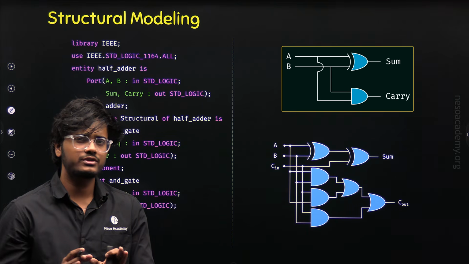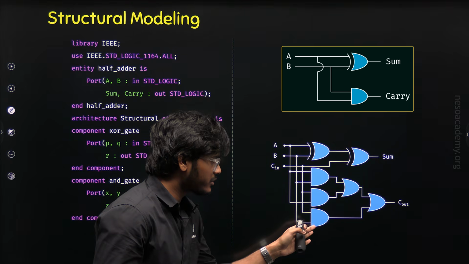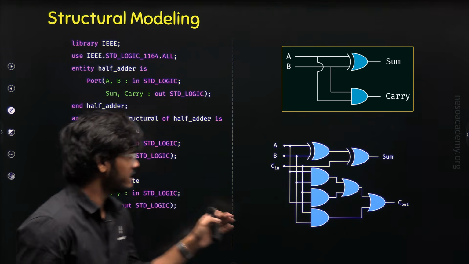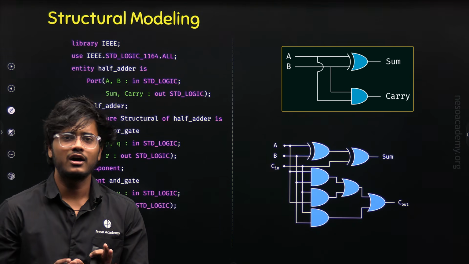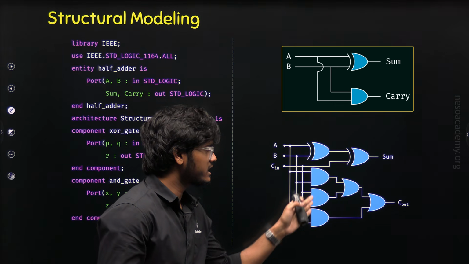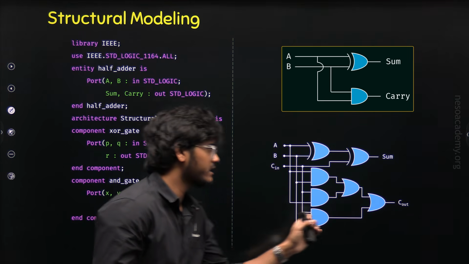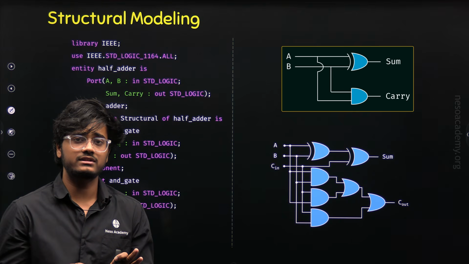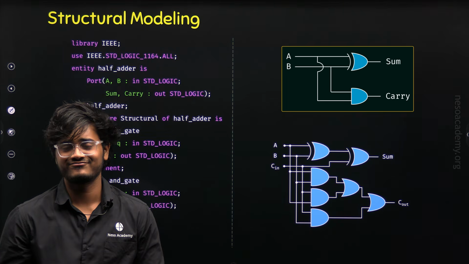Do we need to declare two components for XOR gates, three components for AND gates, and two components for OR gates inside the architecture? No. We will use a single component for the XOR gate, a single component for the AND gate, and a single component for the OR gate inside the architecture, and we will use multiple copies of these logic gates using instances.